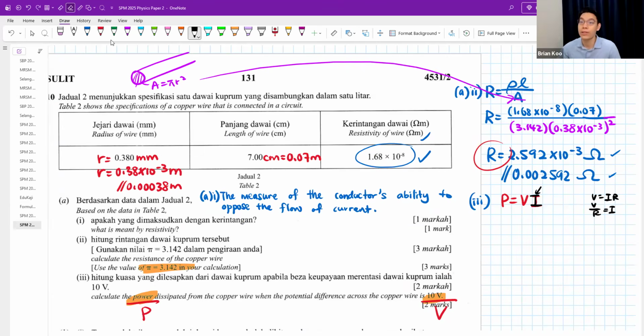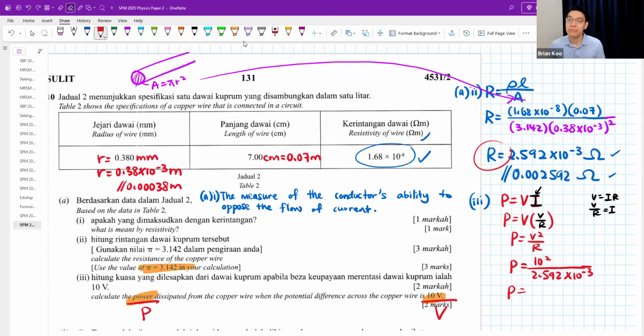So what you can do is you take this formula and you replace the I as V over R. And then you get a new formula like this. And then you can sub in straight away. The voltage is 10. The resistance is 2.592 times 10 to the power of negative 3 ohm.